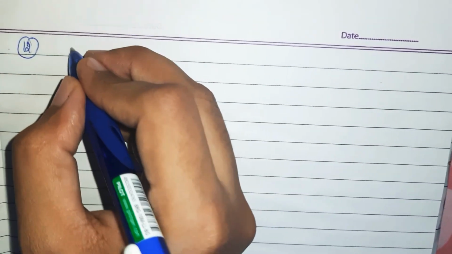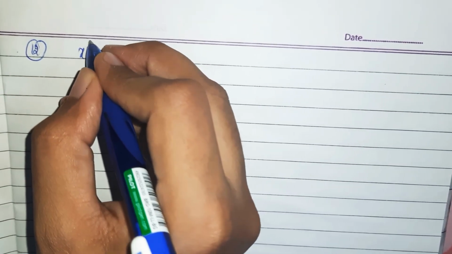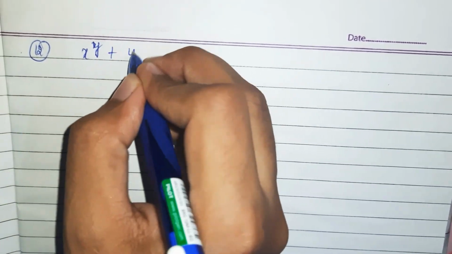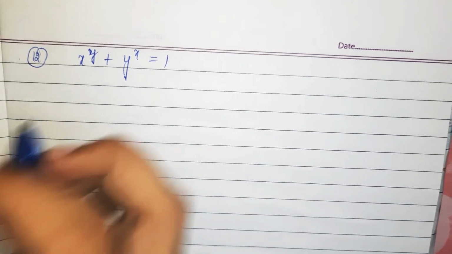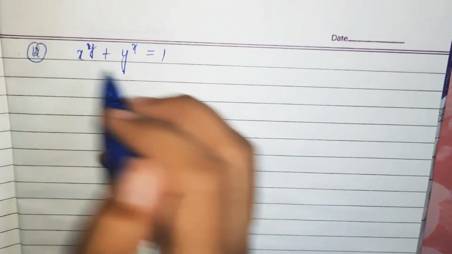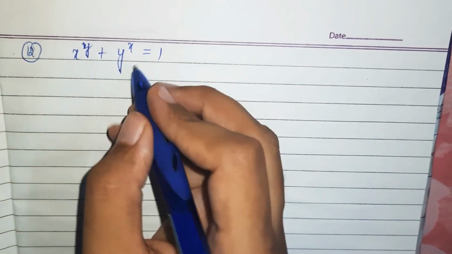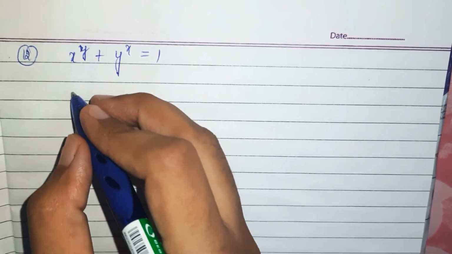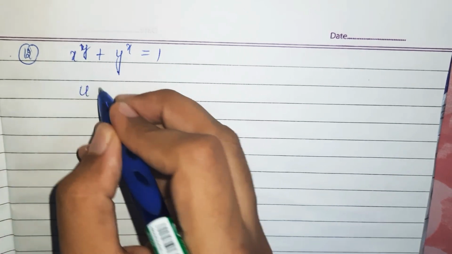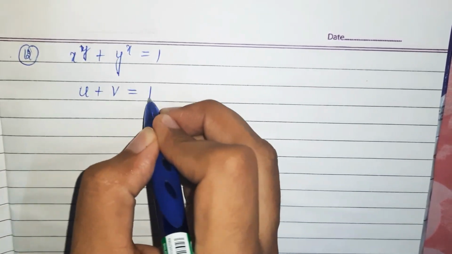Now come to question number 11. You will attempt it yourself. From question number 12 onwards, they are saying calculate dy by dx. So in question number 12, x raised to the power y equals y raised to the power x is given. So if I differentiate with respect to x, firstly take this as u and this as v, which is equivalent to 1.